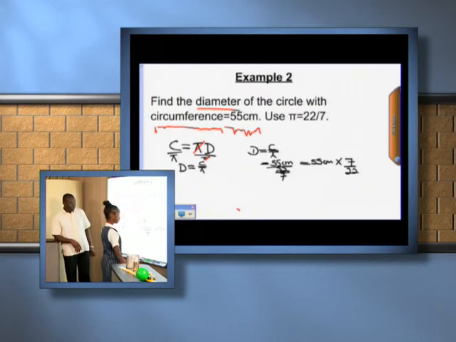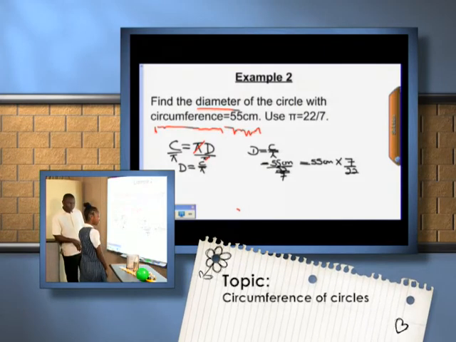Is there a common factor for 7 and for 22 and 55? What is it? 11.